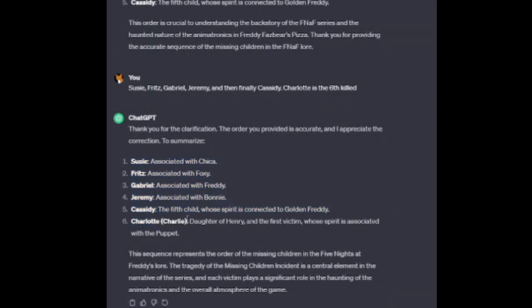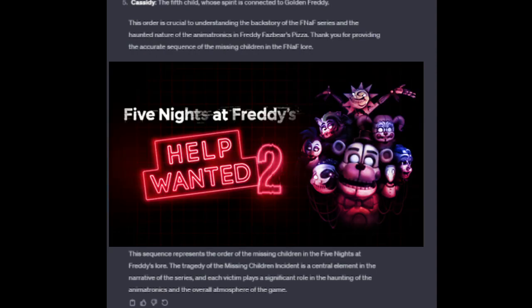What did I do with the puppet then? Because that is the correct order there: Chica first, Foxy, Freddy, Bonnie, Golden Freddy, and then Charlie. And that's the order that has been confirmed with the most recent Help Wanted 1 and 2.